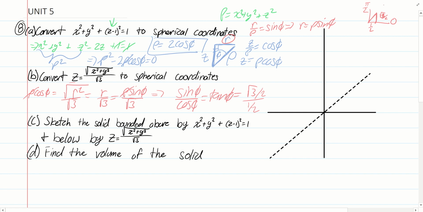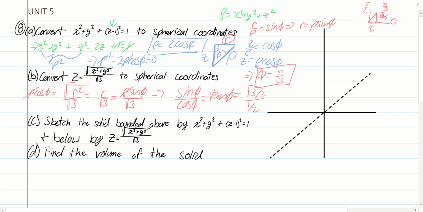So that's going to be a pi over 3. You've got to memorize that or find a way to figure it out. It's Calc 3 at this point, so I don't feel like explaining that. So that's what that angle phi is. So when tangent phi equals square root of 3, that implies phi equals pi over 3.